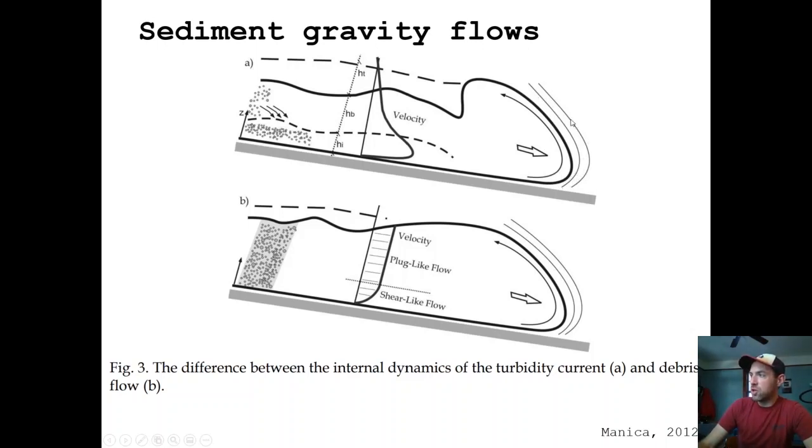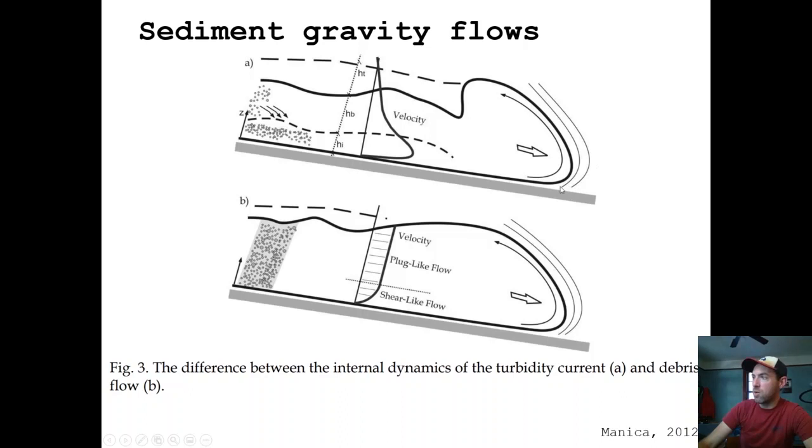There's shear that goes along the entire margin here, right? And as you can imagine, as this thing is moving down slope and you have high velocity at the base and lower velocity at the top, you're going to get this sort of circulation effect here, where this part of the sediment gravity flow is going to be sheared upwards and around. And that's a really key component of incorporating fluid into the density current, right? So as this thing shears around, you get incorporation of ambient fluid up here, right?